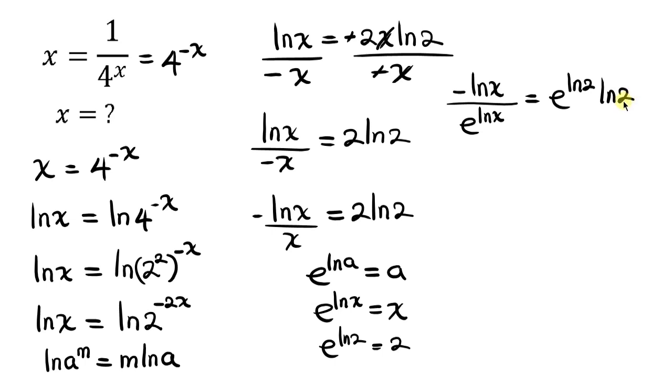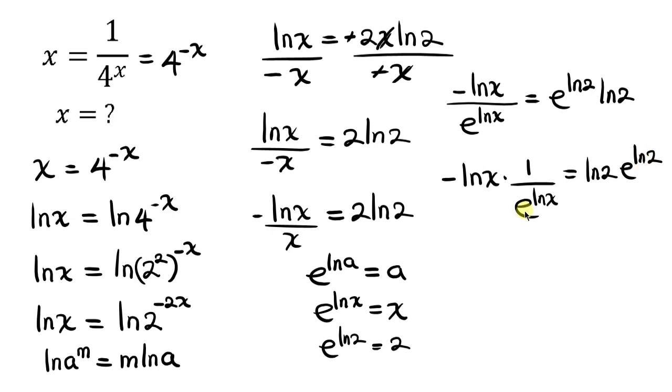Our next step will be for us to separate this fraction. That means this can be written as negative ln x times 1 all over e to the ln x, equal to e to the ln 2 times ln 2, which is the same as ln 2 times e to the ln 2.